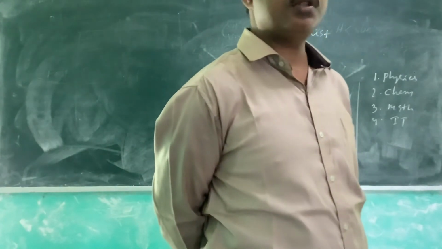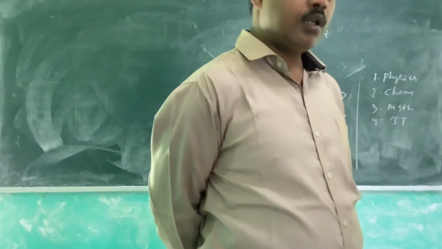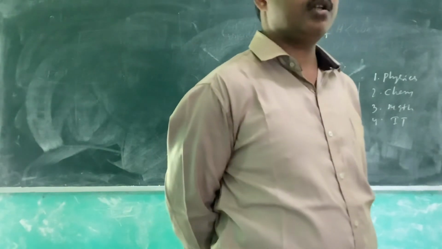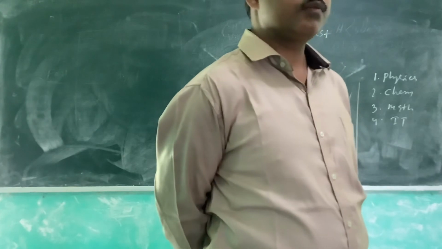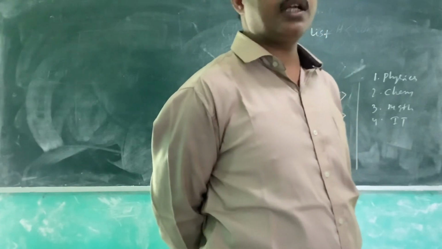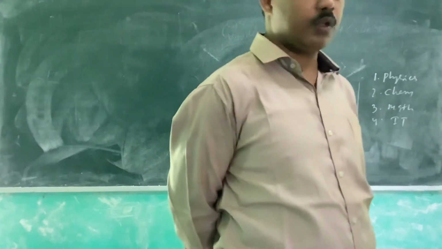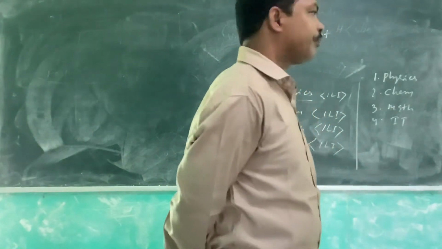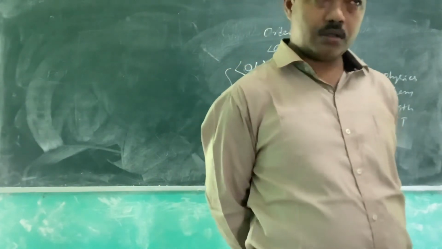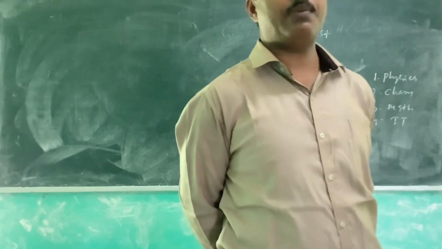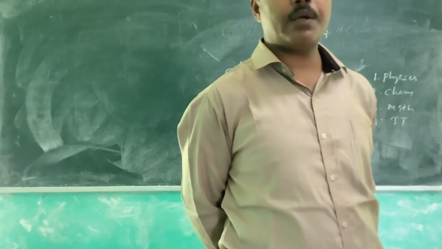That means 1, 2, 3, 4, 5, 6. If you want to change it from number to Roman letter I, double I, triple I, so we can also do this, or from number to alphabet or letter A, B, C, D.